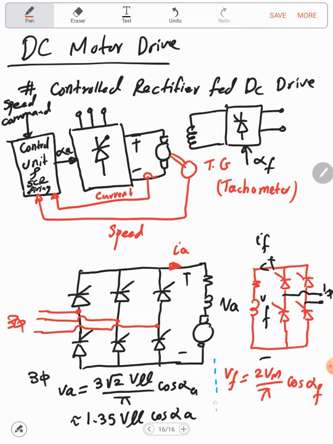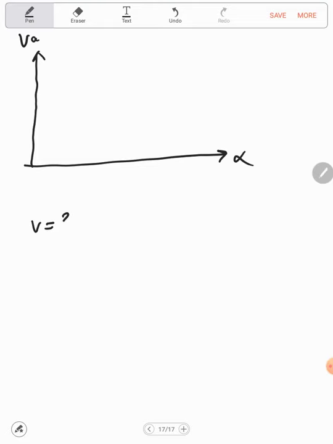Now, if I need to plot this as a function of the firing angle, so this is alpha, and this is the voltage, VA. Let's assume that I'm plotting the single phase, so V will equal 2 Vmax over pi cosine alpha.